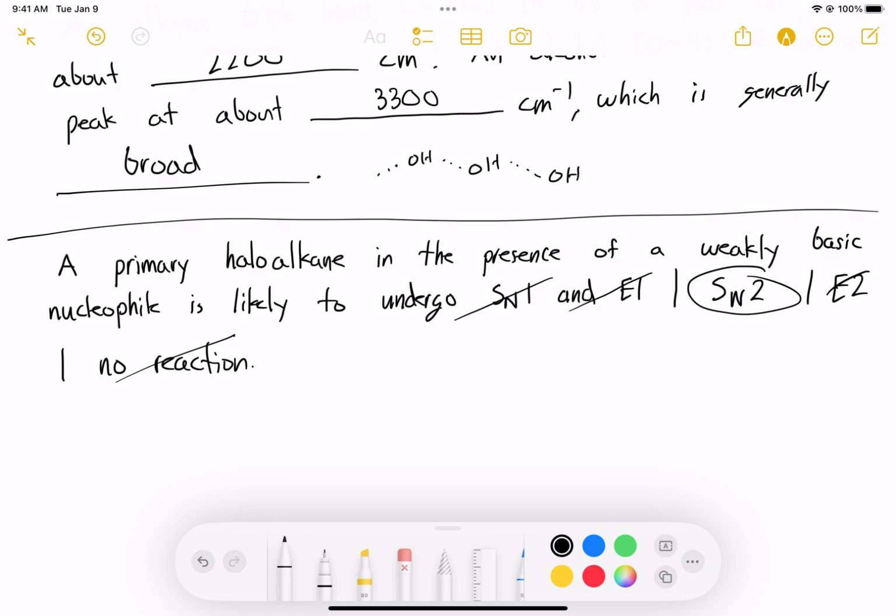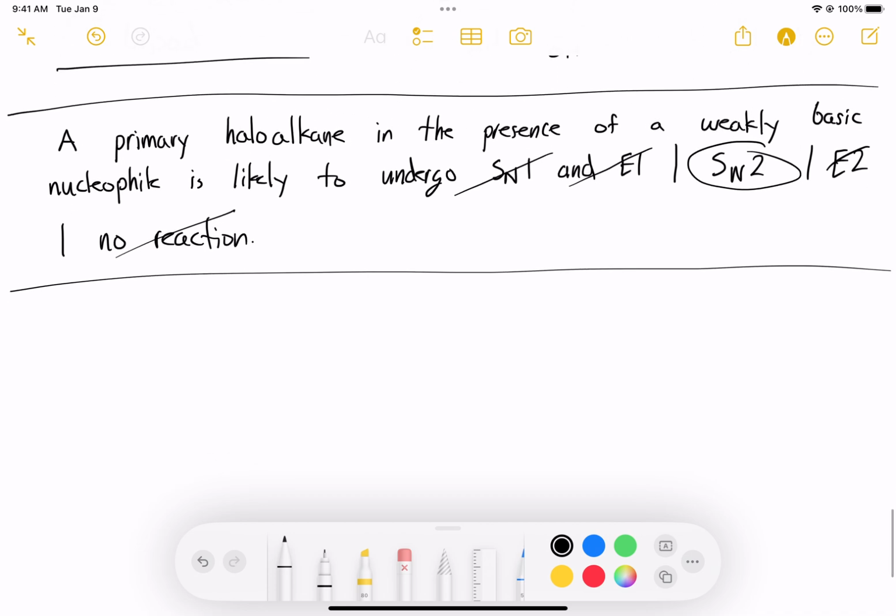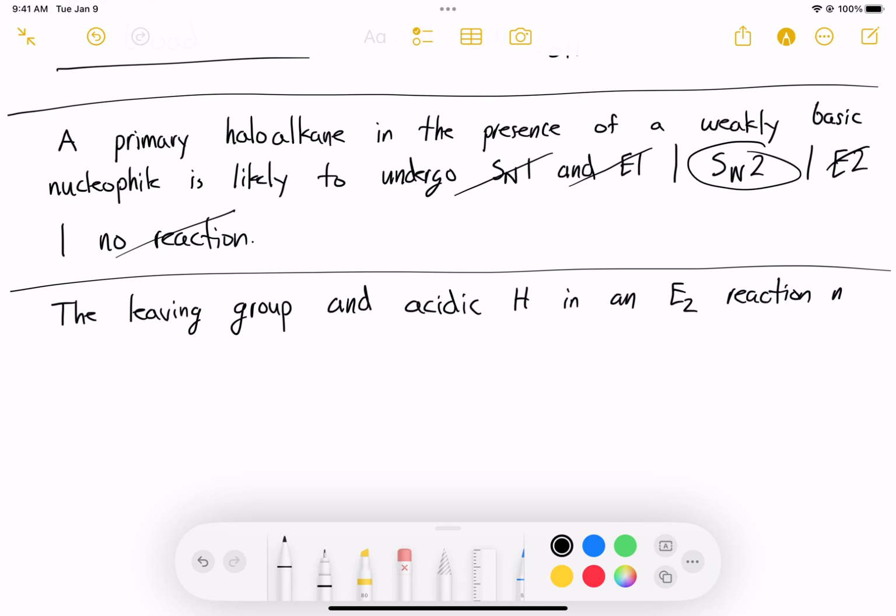All right. And then lastly, talking about the mechanism for the E2 reaction. Remember, in an E2 reaction, the leaving group and the acidic hydrogen must be blank in the transition state.